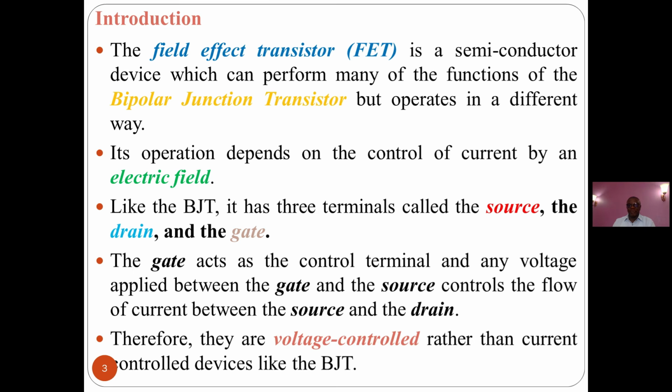It is important for you to note this because it is a very important demarcation between FETs and the BJTs, because FET is voltage controlled while BJTs are current controlled devices. As we go on in this lecture, you will understand what made this voltage controlled and the other current controlled.